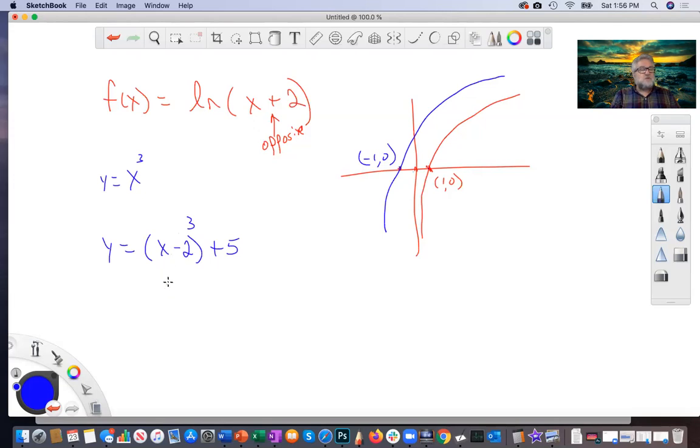So minus 2 is going to be a plus 2 horizontal shift, and it's going to be a plus 5 vertical shift. Okay?